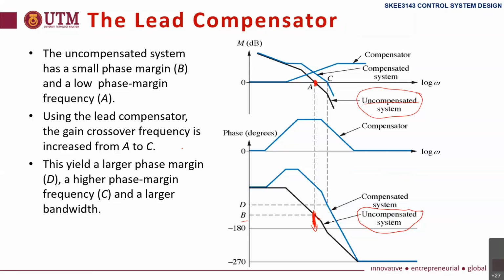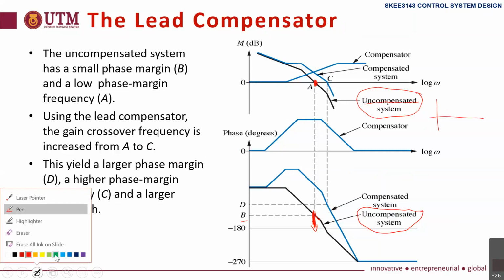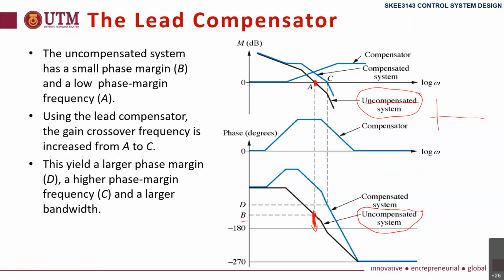Using the lead compensator, this is the lead compensator. You will see in detail later. This is the lead compensator, like this. If you notice, it is opposite to lag.